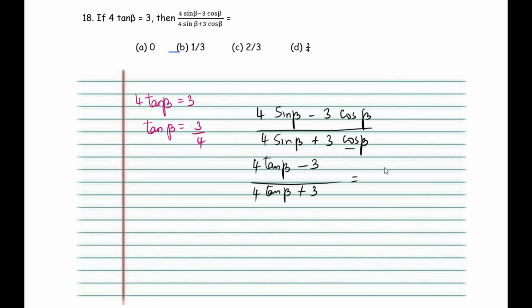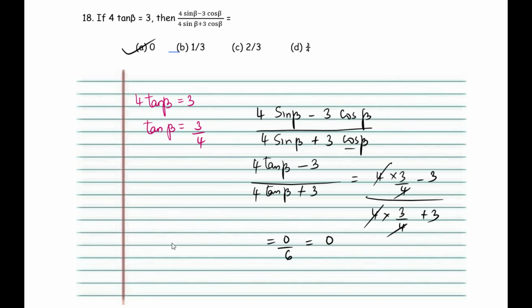Now tan beta value is 3 by 4. So (4 into 3 by 4 minus 3) whole divided by (4 into 3 by 4 plus 3). 4 and 4 will cancel out. 3 minus 3 is 0, 3 plus 3 is 6. 0 divided by 6 is 0.